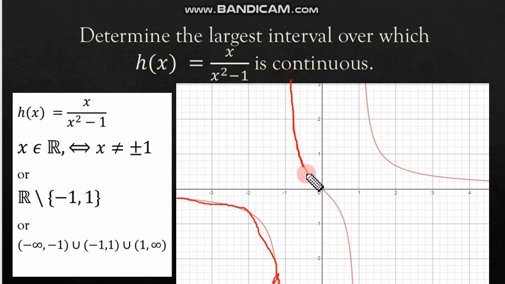So we could trace our function. It is continuous on that interval, and we stop again at exactly x equal to 1. There's an interruption at that point, and then we can trace again at x greater than 1 to positive infinity. So the answer is from negative infinity to negative 1, union from 1 to positive infinity. That's the largest interval.